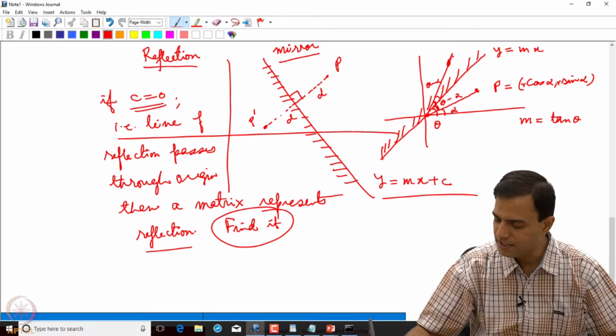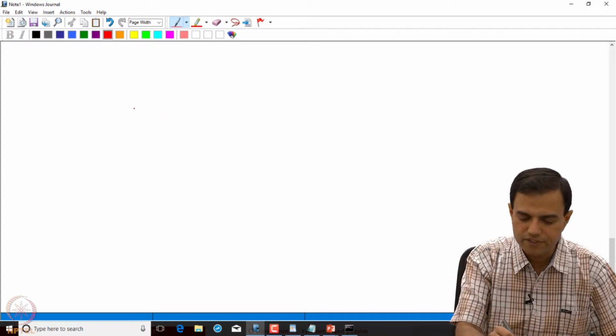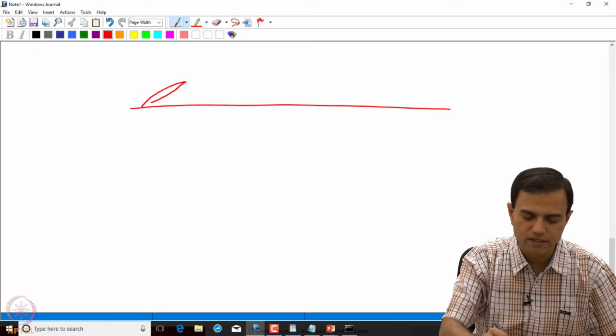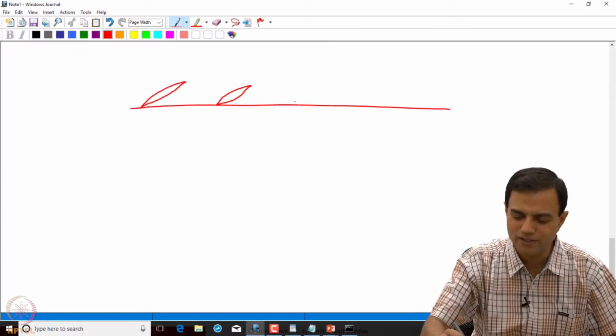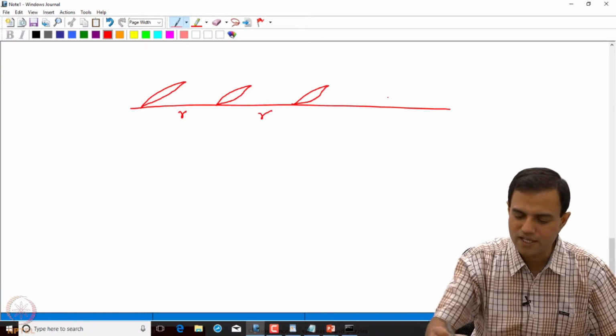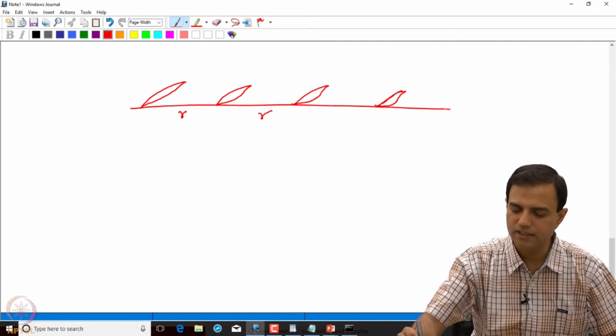The translation is an easier thing. I have something here, and I am just translating it. A similar shape, just assume that the drawing is okay. So this is, suppose, distance r, further distance r, further distance r, like this.